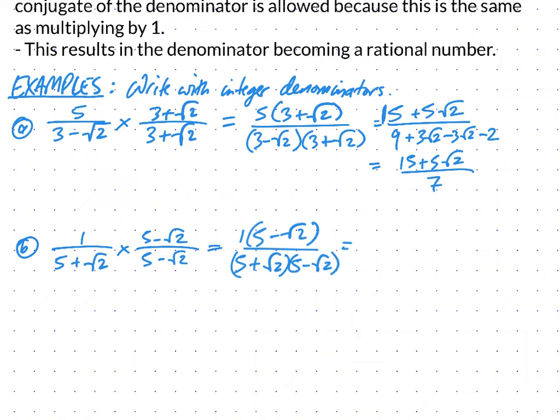I'm not going to show the steps of FOIL now because I've shown you that difference between two squares gets rid of those middle terms. So you've got 5 take root 2 on 5 times 5 is 25. Root 2 times by negative root 2 is negative 2. You're going to have 5 take root 2 on 23.